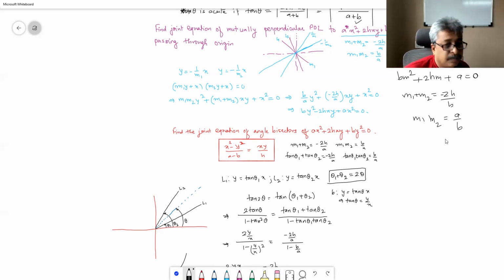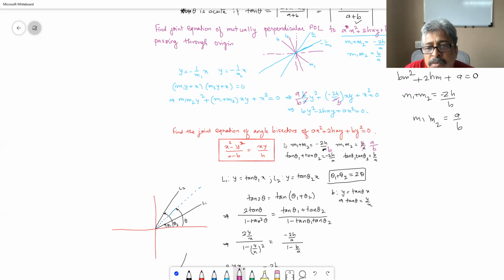Mistake. Okay, so let us correct in the previous also. m1 plus m2 is minus 2h upon b, m1 m2 is a upon b. Therefore, I am correcting in this only.